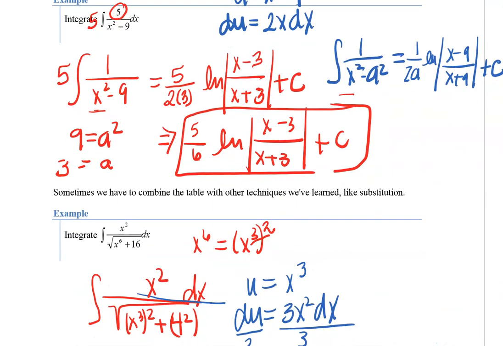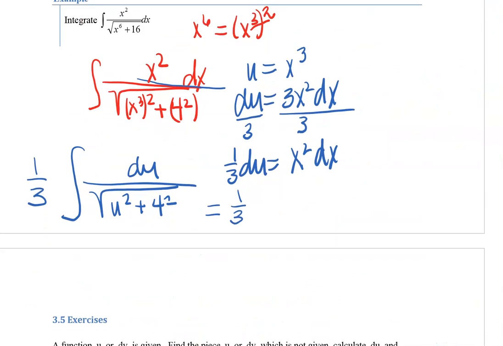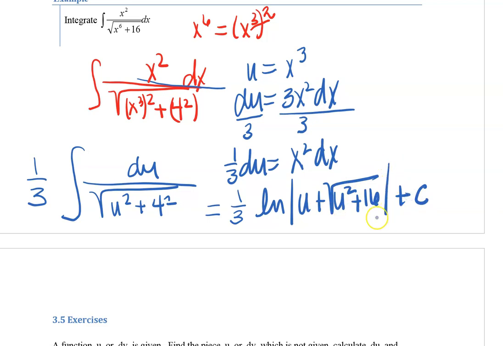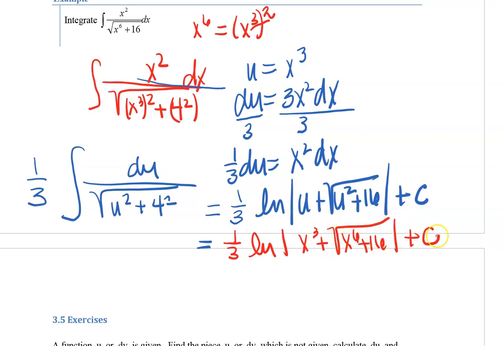Just want to kind of reference that for you. And so this would be equal to 1/3 ln of u plus the square root of u squared plus 16 plus c, just doing that substitution, and then change it back into your x's. So 1/3 ln of x cubed plus the square root of x to the 6 plus 16 plus c.